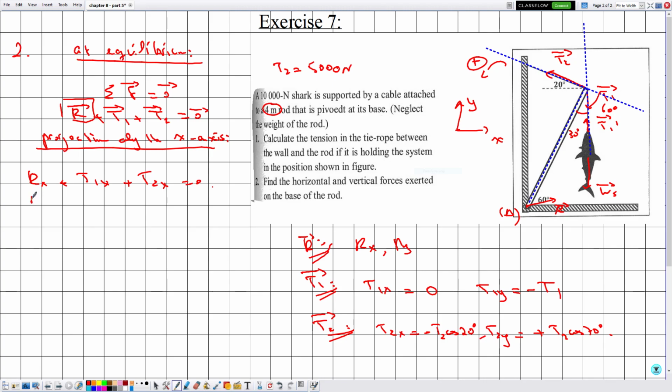Now Rx plus 0 minus T2 cosine 20 degrees is equal to 0, which means that Rx is equal to T2 cosine 20. The value of T2 is given by 5000 times cosine of 20, equal to, let me check it again.